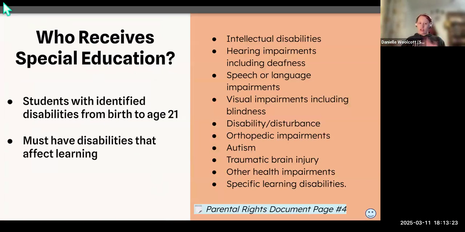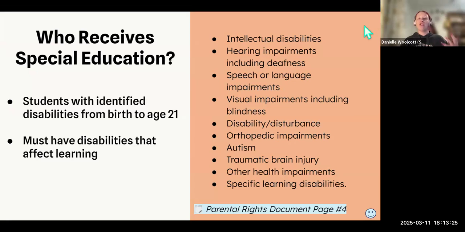who receives special education? There are eligibilities and requirements for receiving special education services. Students are required to be identified with disabilities from age birth to age 21, and the disabilities must affect learning. There are a couple of categories, or excuse me, eligibilities, that are outlined in IDEA, which is a legal act that helps us determine if students are eligible for special education services.